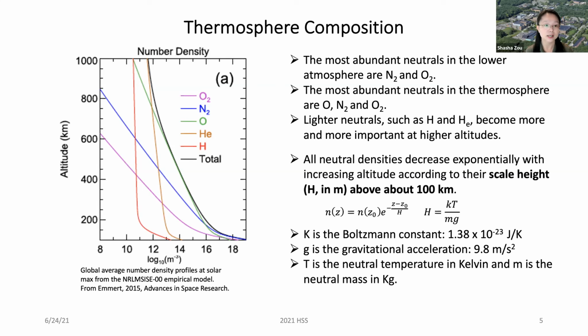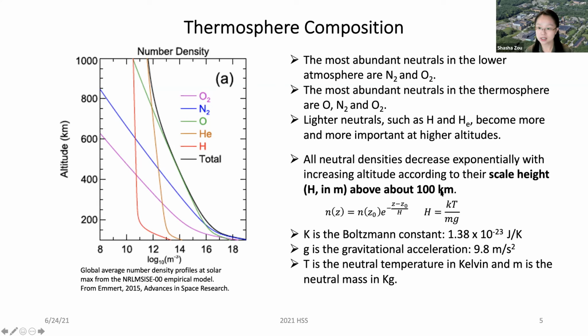So they share the same scale height. I know that the concept of scale height has been introduced in earlier lectures, so today I'm not going to talk about the details of that. Above 100 kilometers, those neutral particles start to deviate away from each other, and then their densities are now controlled by their own scale height.